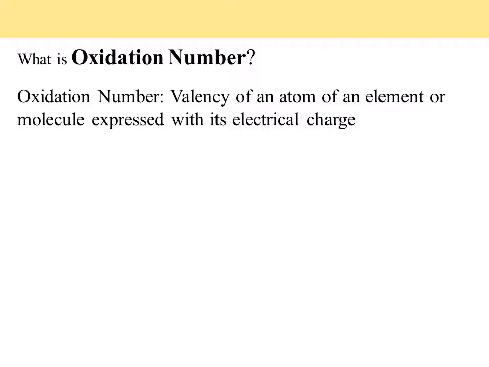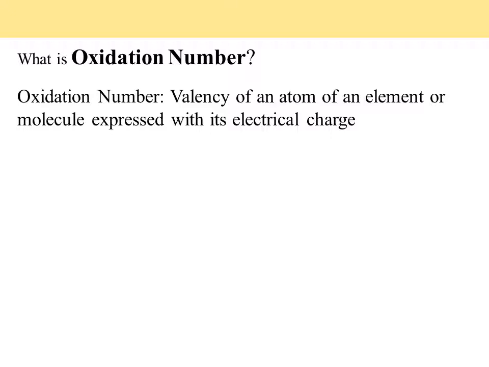If 3 represents the valency of an atom, then -3 represents the corresponding electrical charge. So along with the quantity, we are incorporating how much electrical charge there is. The total electrical charge is also incorporated in oxidation number.